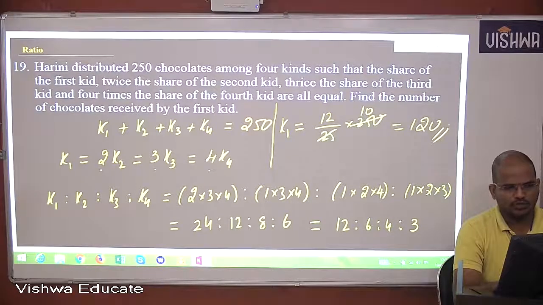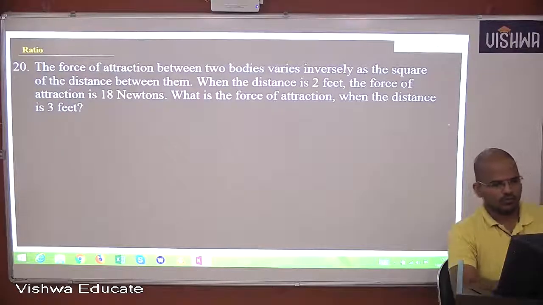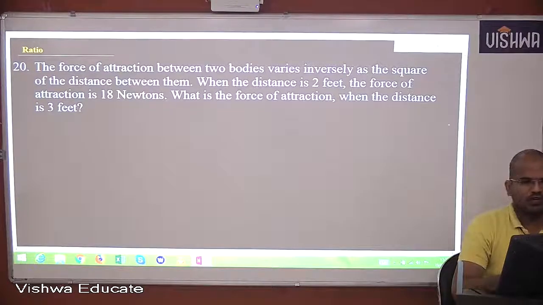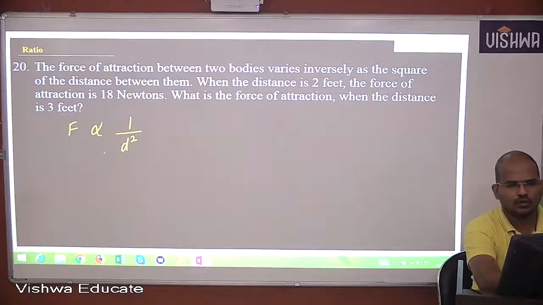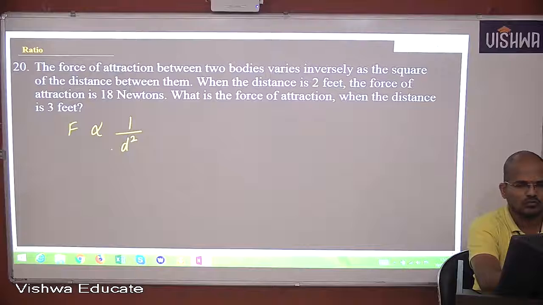The next question. The force of attraction between two bodies varies inversely as the square of the distance between them. Force varies inversely as the square of the distance, D square. Okay.